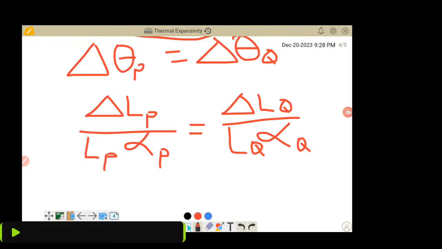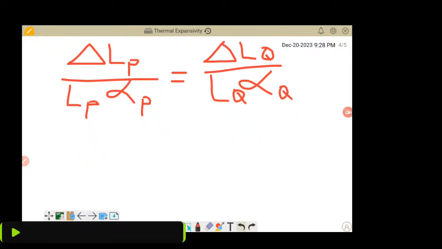Okay, now let's see how to substitute the values given into the equation. Remember, the ratio of delta LP to delta LQ is 1:2, so we can say 1 over 2, because this to this is 1:2.